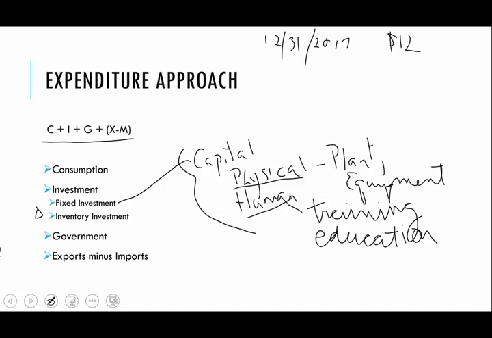Of course accountants decide where to categorize everything, but the logic for this being investment is it is some sort of spending that was done such that the company can make more money in the future. So think of the oven they purchased, which would have been fixed investment. That spending was done so that they could produce and sell more cupcakes in the future.